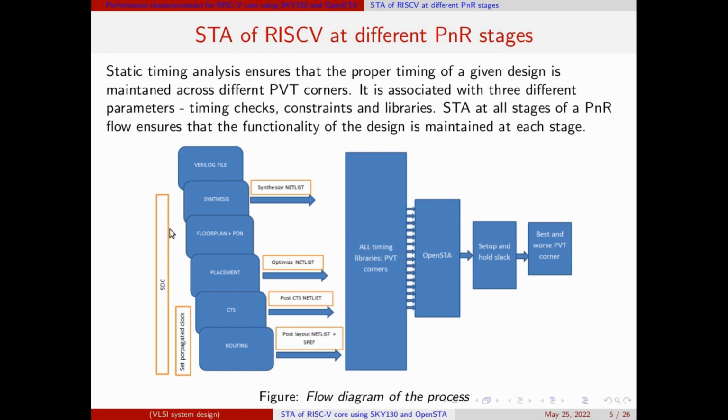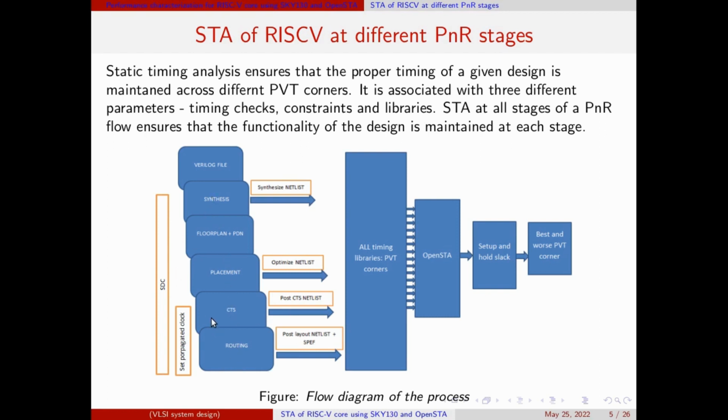As I said, we have done the analysis for the different PNR stages, and I have already mentioned that we used the OpenLane flow. This portion shows the OpenLane flow part, with the different stages of the PNR flow.